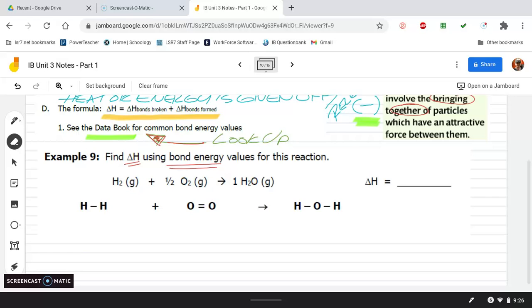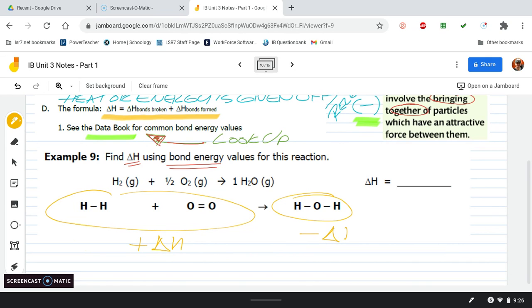So if we take a look here, we have a formula, and I've given you the different types of bonds. What we have to do is figure out what the overall delta H is. These two chemicals over here, we're going to put energy in, so they're going to have a positive delta H. And these chemicals over here are going to give off energy because they're products, so it's negative.